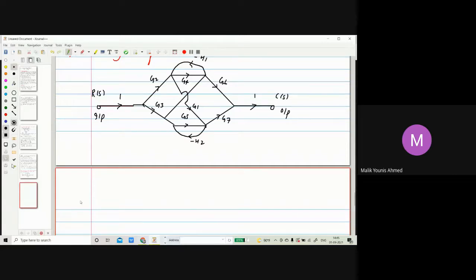Okay, now solution of this is number one step, what I have told you, forward path gains.